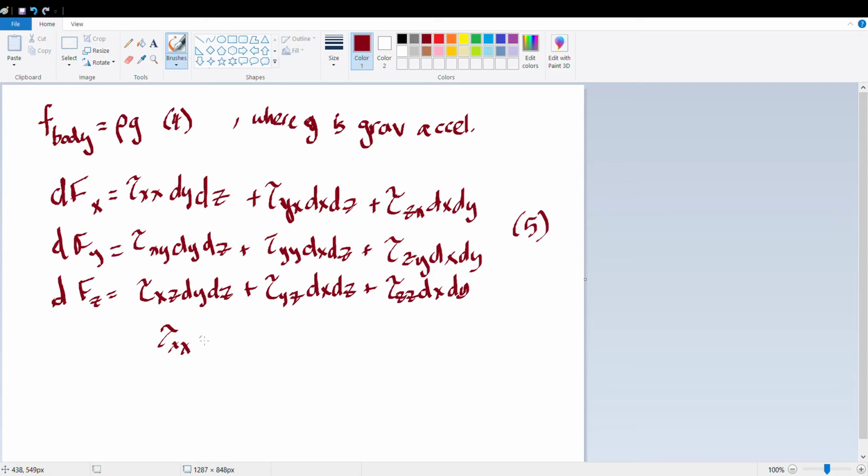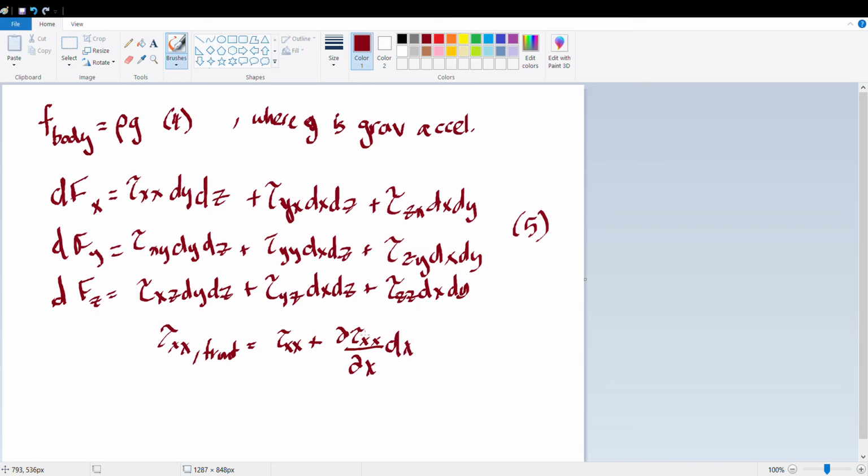So in other words, what does that mean? The front face that I showed you, tau xx, the front part of that cube is equal to tau xx on the back side plus the differential stress, which is the partial of tau xx with respect to x, dx.